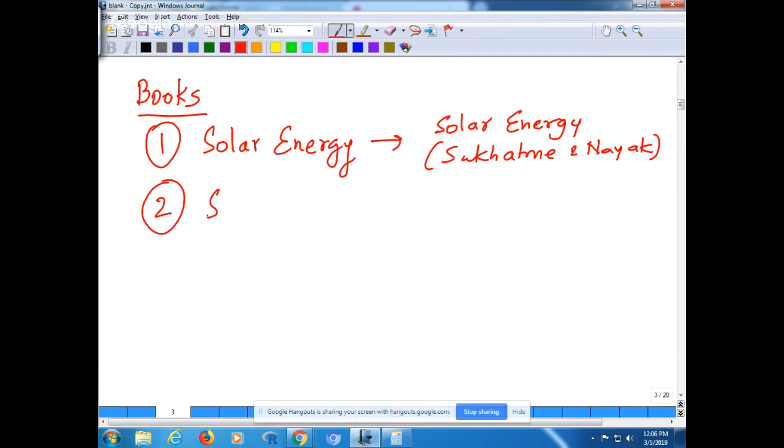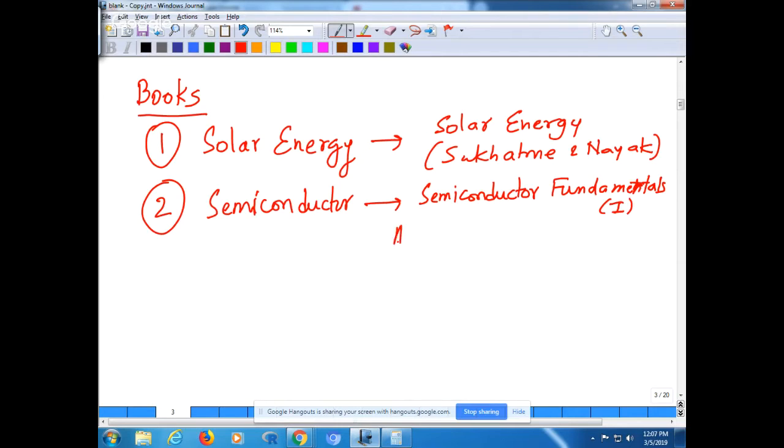And then we have another book on semiconductors that you will need. Any book will do, but I would suggest you can read Semiconductor Fundamentals, Volume 1 and Advanced Semiconductor Fundamentals, Volume 6 by Robert Pierret. But you can also look at Electronic and Magnetic Properties of Materials.